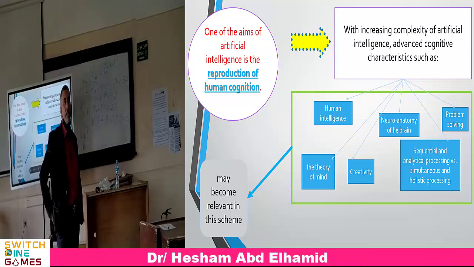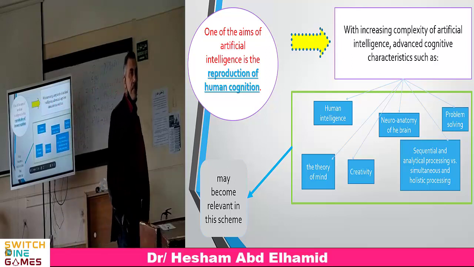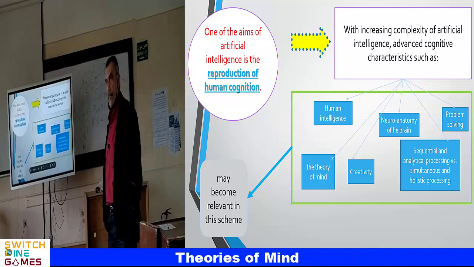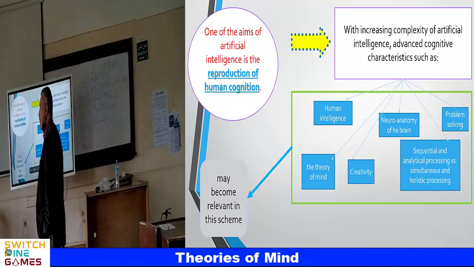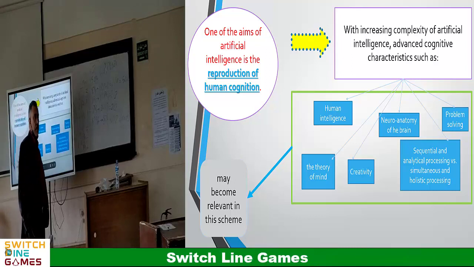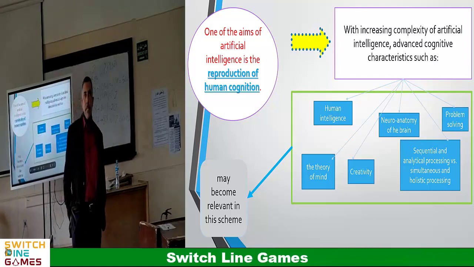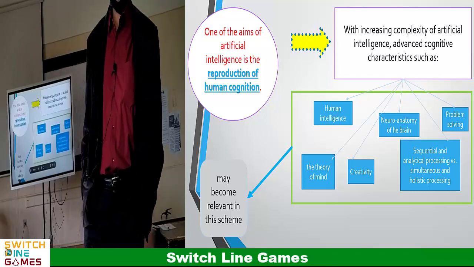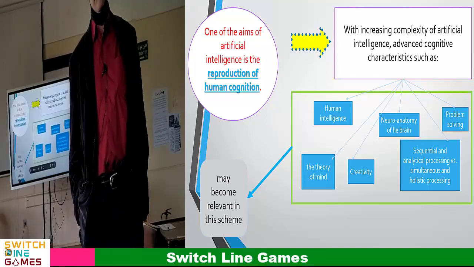What's the meaning of theory of mind? I give you the definition of the theory of mind. What do we mean by theory of mind? Yes. How someone or a human thinks about others' reactions to a problem.